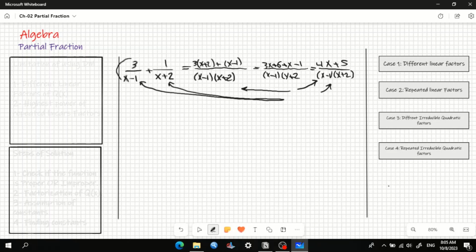This is called partial fraction, and also this is called the partial fraction of this single fraction.